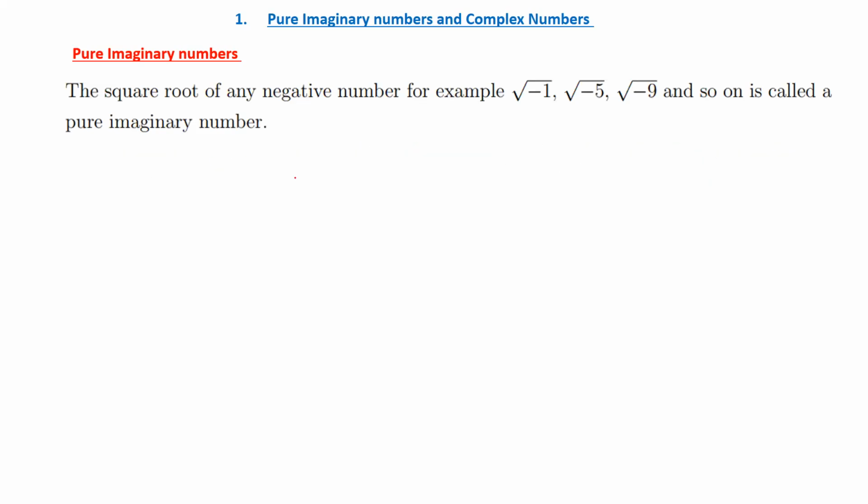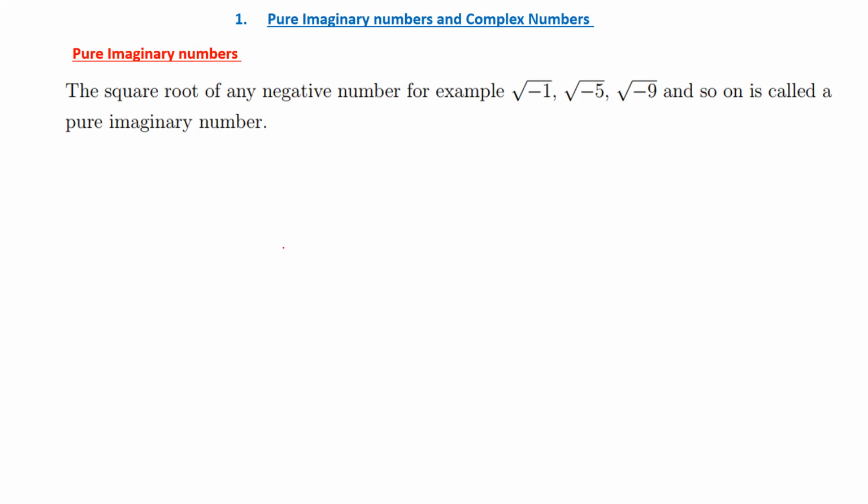The square root of any negative number is considered to be undefined, but after learning complex numbers, we'll know what that means, and we'll be able to find the solution of any square root of negative numbers.